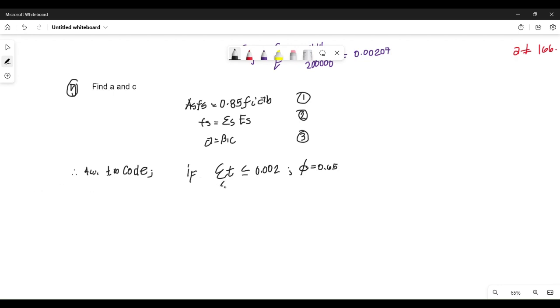If your strain T naman is greater than or equal to 0.005, you're going to use phi as 0.9.